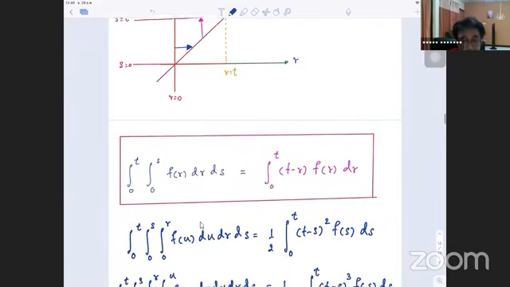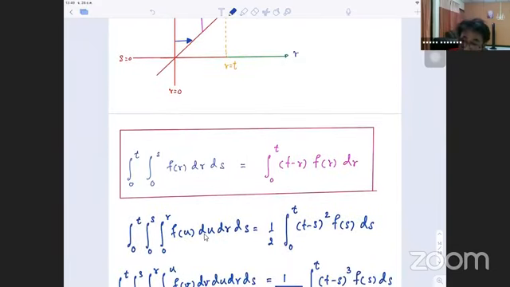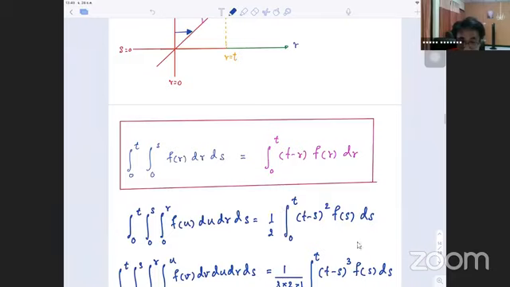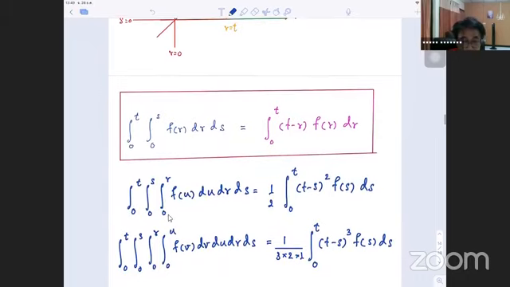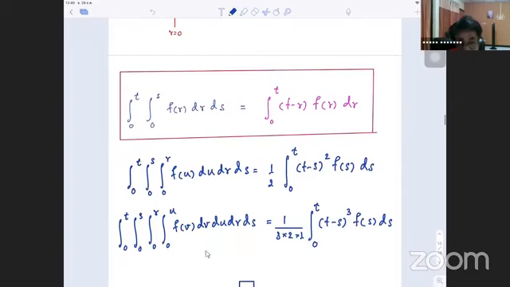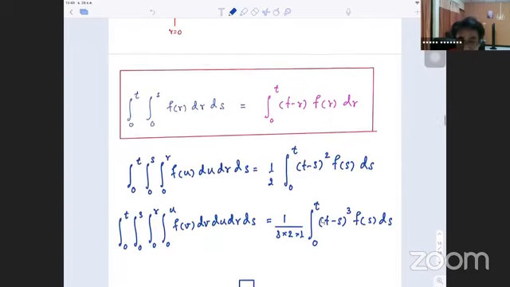After that, observe the triple integral. By using the above method again we can get this formula. This for triple and fourth integral can be written here.